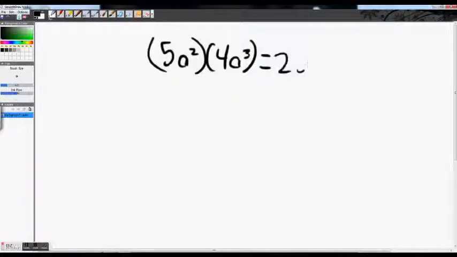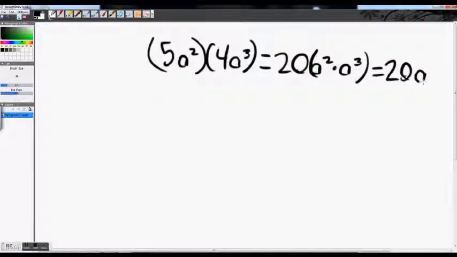So of course we multiply the coefficients, and now, remember the rule that talked about what happens when we multiply two bases that are the same with exponents. We add their exponents, right? So that should be 20a to the fifth.